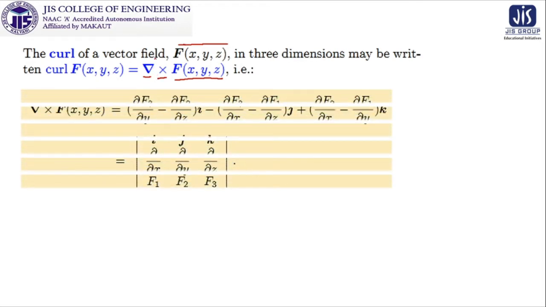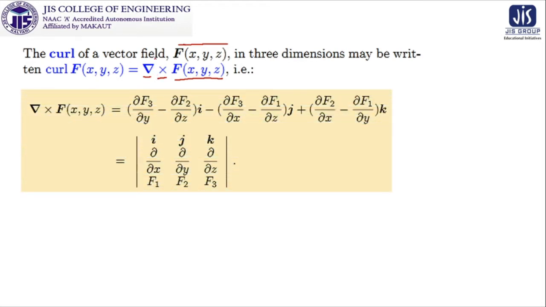So this can be written as del cross f, which is nothing but another representation of the determinant form. Check it: if I distribute the determinant form, I into this part and this part will be broken.